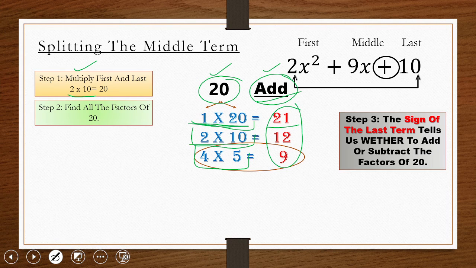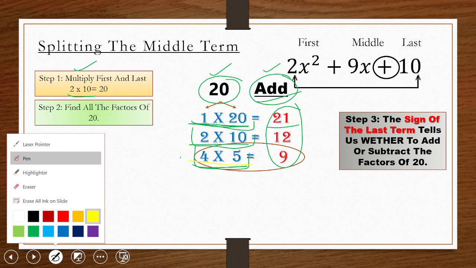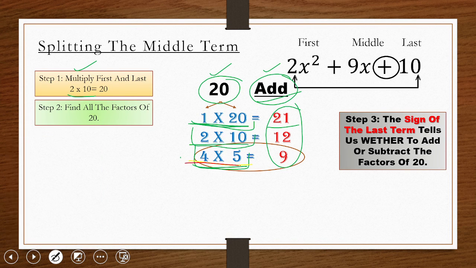Now, third step, the sign of the last term tells us whether to add or subtract the factors of 20. Now, if we add the factors of 20, that is 4 and 5, it is 9. So we also see over here 9.